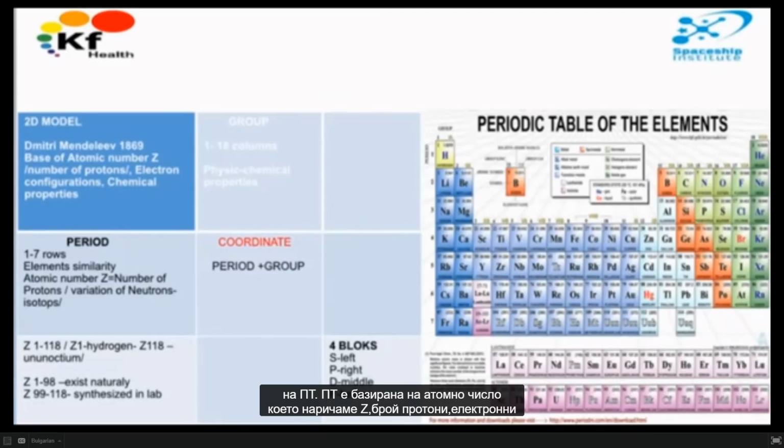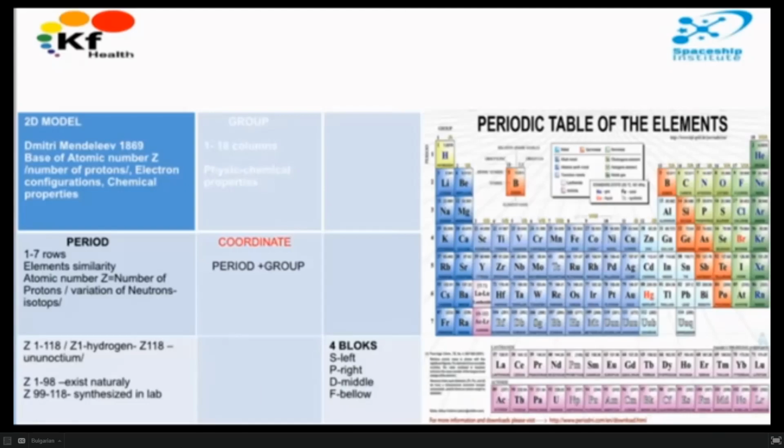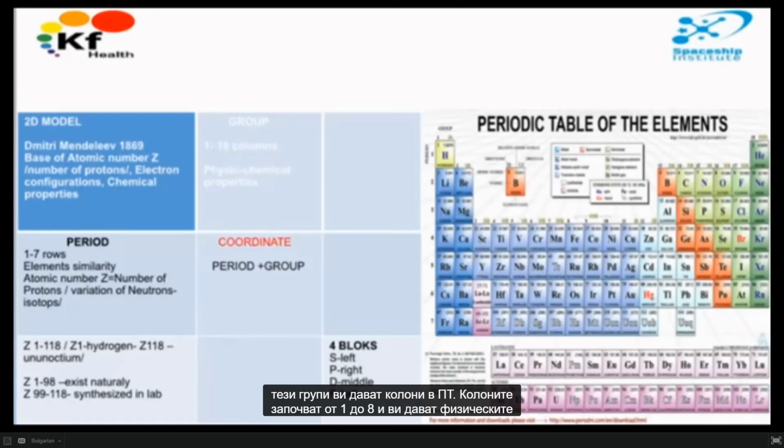The periodic table is based on atomic number called Z, the number of protons, electron configurations, and chemical properties of each element. Dmitry Mendeleev organized the periodic table in groups, and the groups give you the columns. Columns start from 1 to 8 and give you the chemical properties of each element.